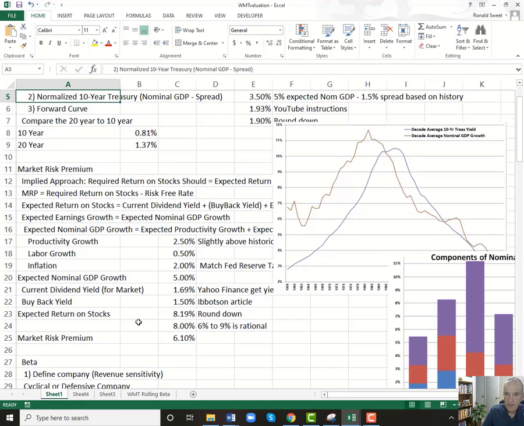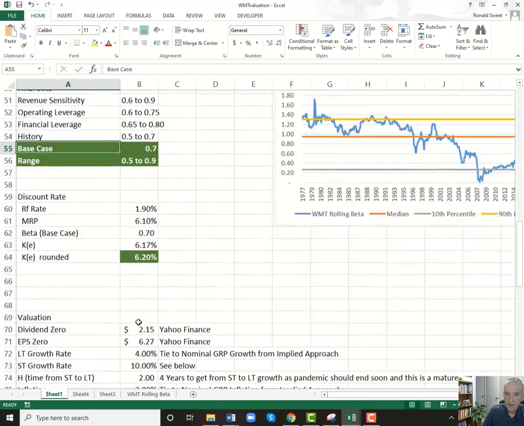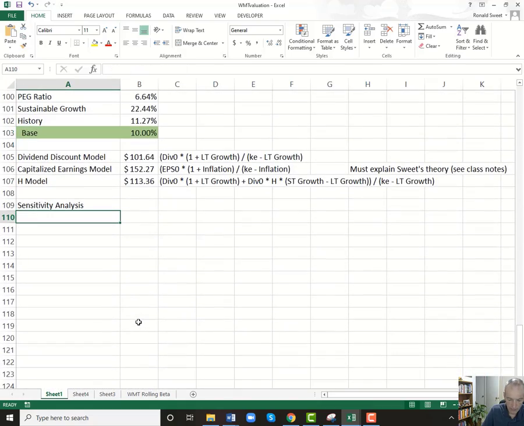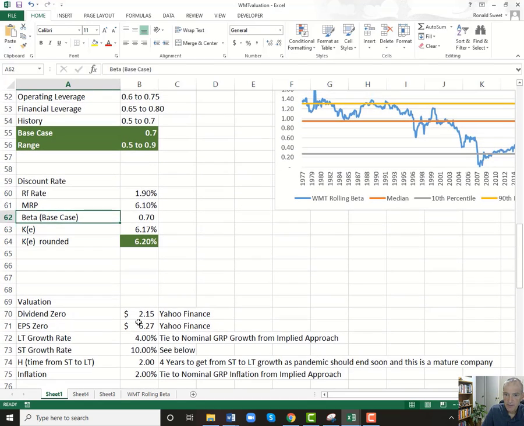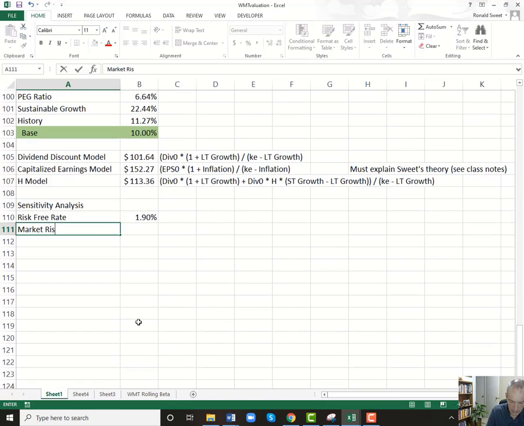So we decided the risk-free rate was, I think, 1.9%. So our risk-free rate is 1.9%. Let's just print it all down here. And we decided our market risk premium is 6.1%. And so those are the basic assumptions that we will not change. We'll use those for everybody.